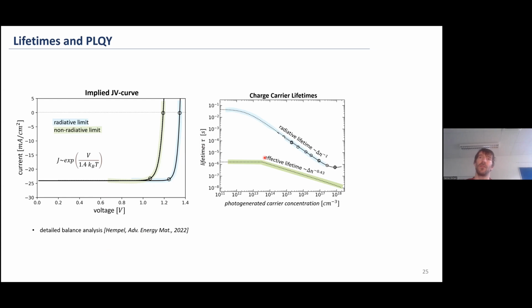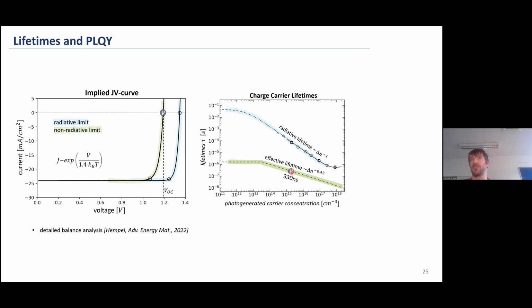From the effective lifetime, you get the non-radiative limit. Then you can estimate the VOC of your sample and see which photogenerated carrier concentration it corresponds to. This tells you the relevant lifetime in your sample.